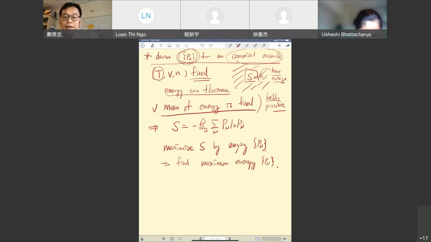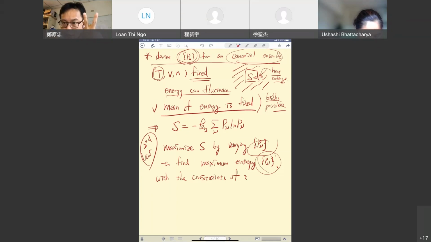So basically, we want to apply the second law of thermodynamics to find this probability distribution. But it's not just applying the second law. We want to apply this second law with constraints. We have two constraints.